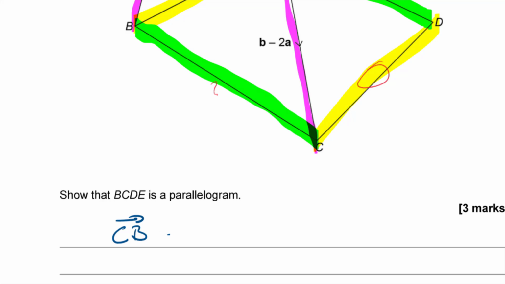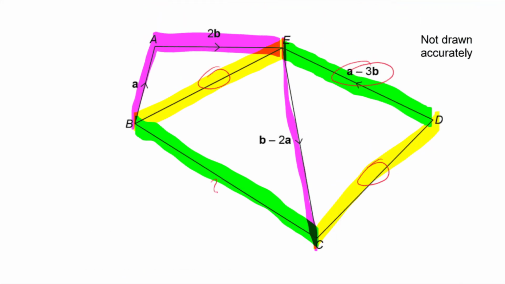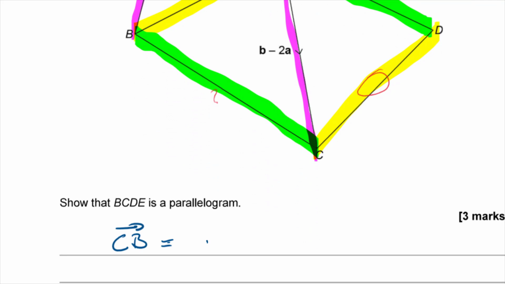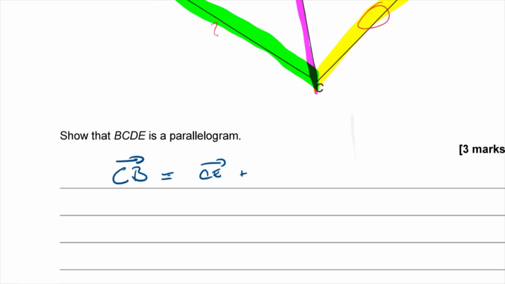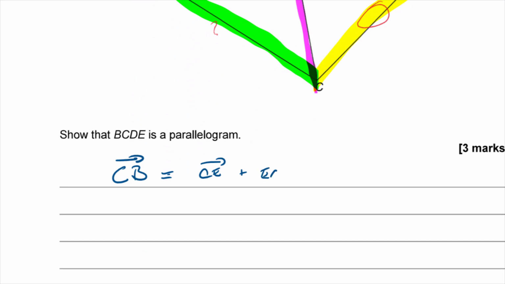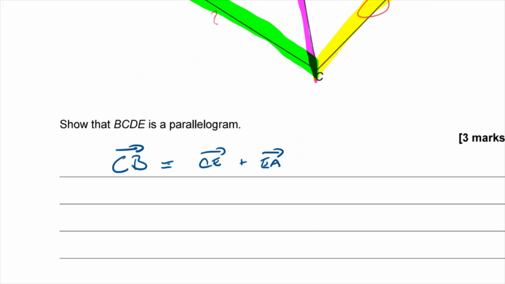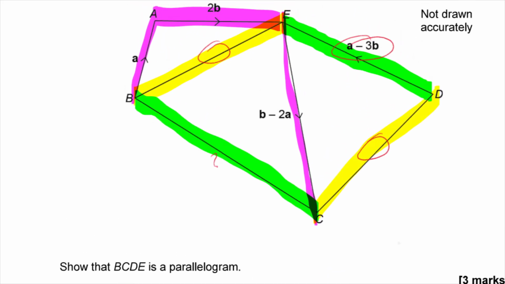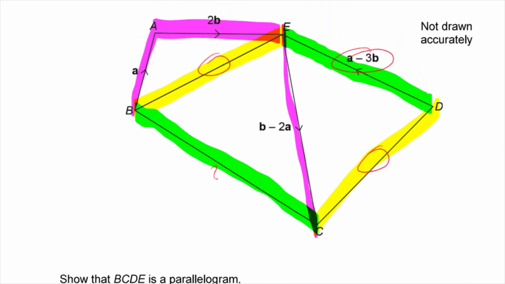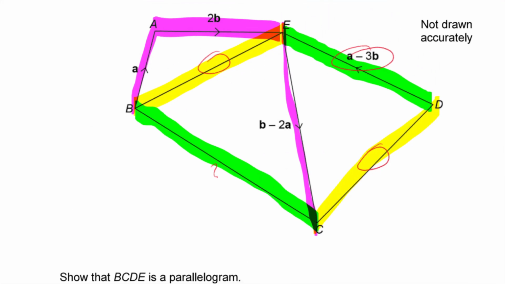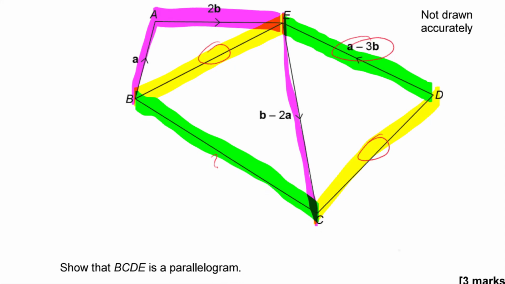Right, C to B is C to E plus E to A plus A to B. That's the route. Now, using the vectors A and B that have been given, C to E is against that arrow, so it's going to be the opposite of that, isn't it?